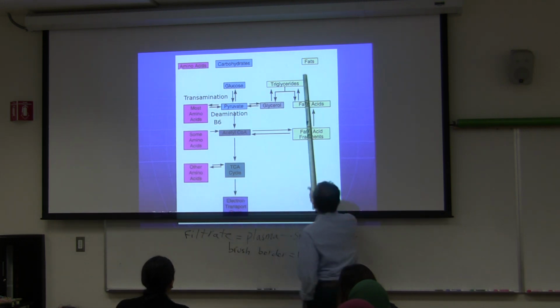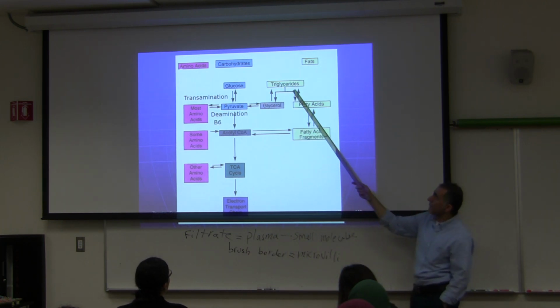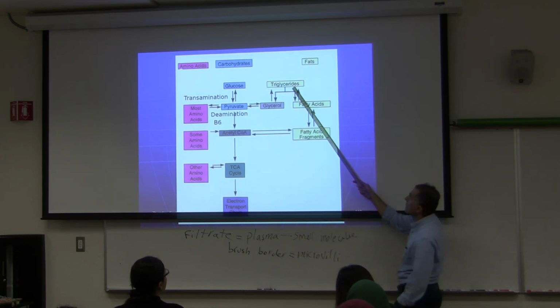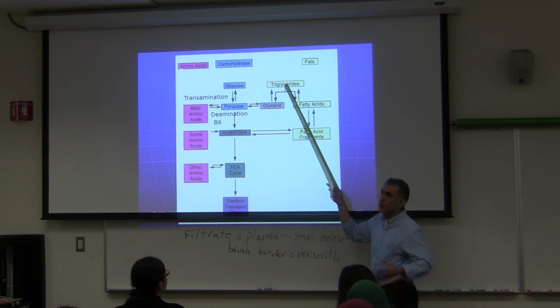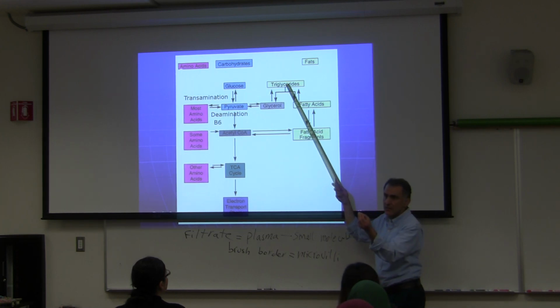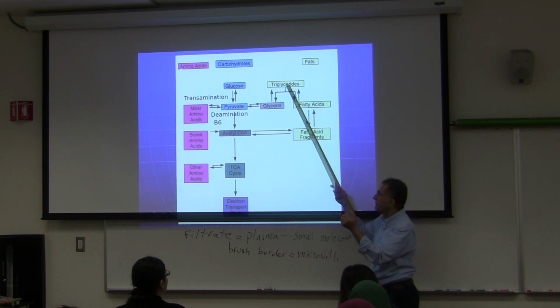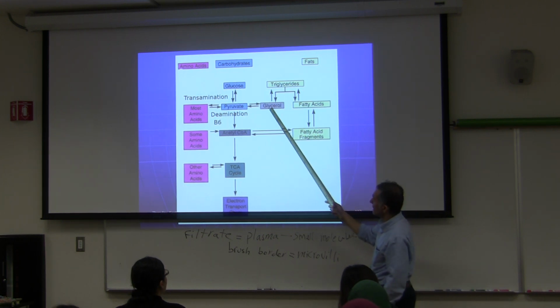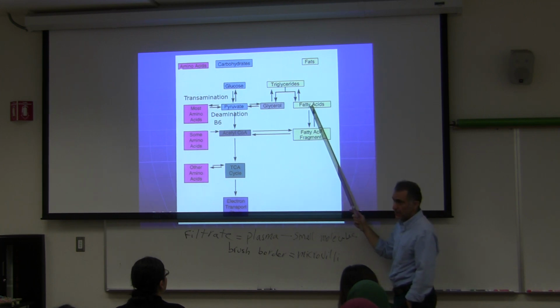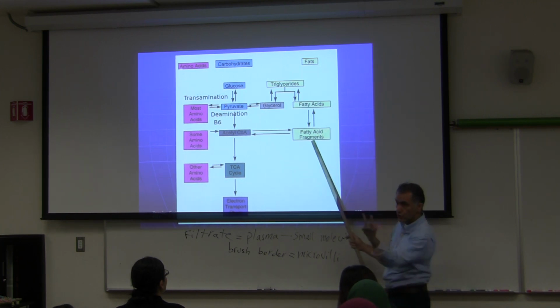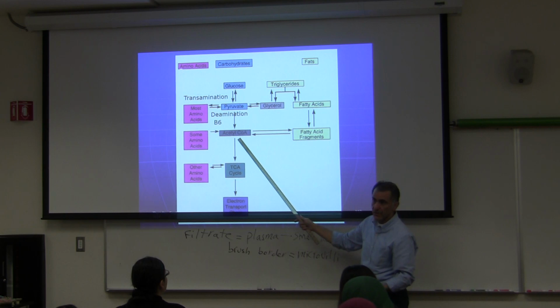Then what happens in your breakfast, if you had butter or avocado? Triglyceride is most of the fat in your diet. Triglyceride can break down to glycerol and fatty acid. Fatty acid can break down to 2 carbon fragments and become acetyl-CoA.